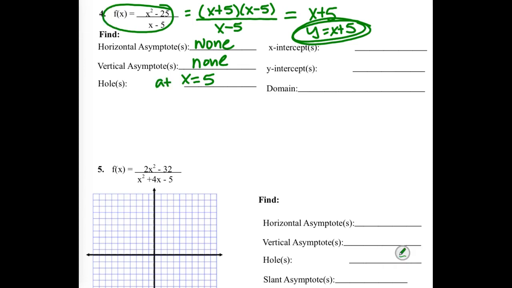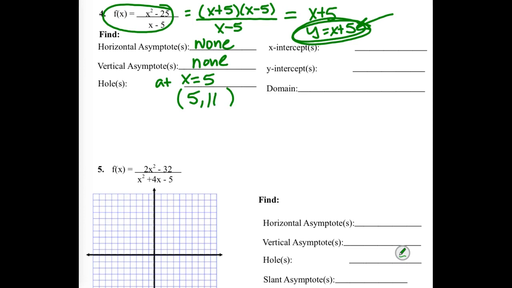Now, x equals 5 is a vertical line, right? But we don't want to make it look like it's a vertical line, because it's not a line. It should be just a hole. What we're saying is that the hole happens when x is 5. What happens in my equation if I put a 5 in for x? 5 plus 5 gives me 10.